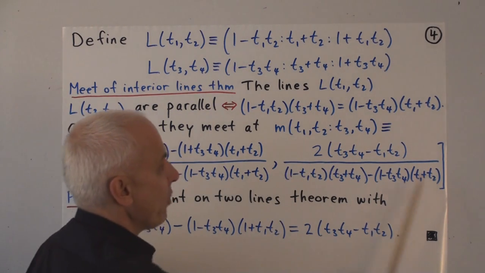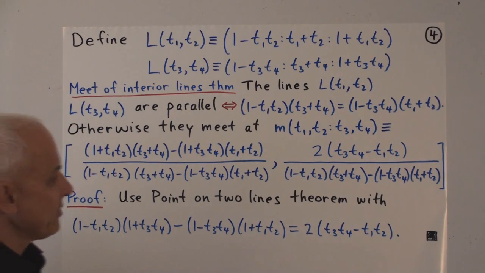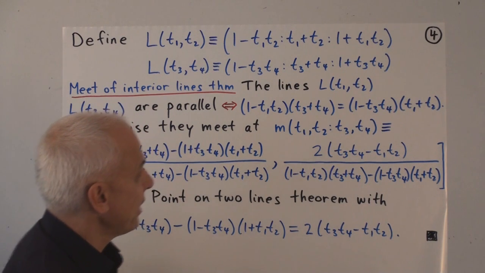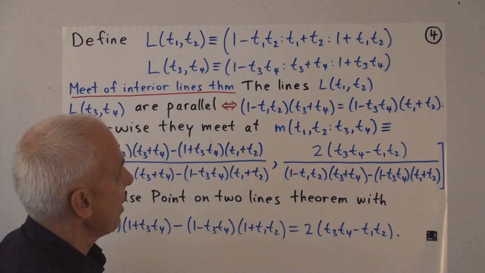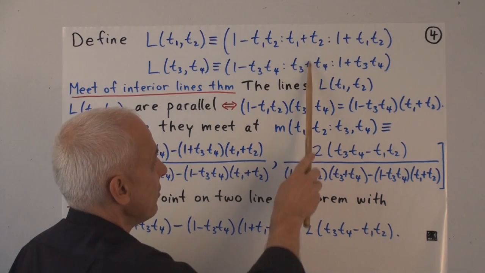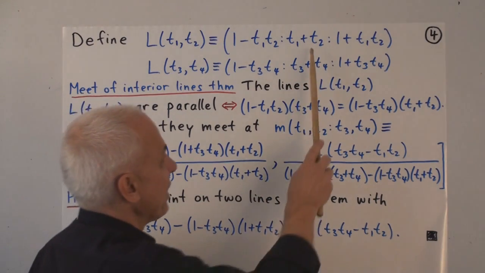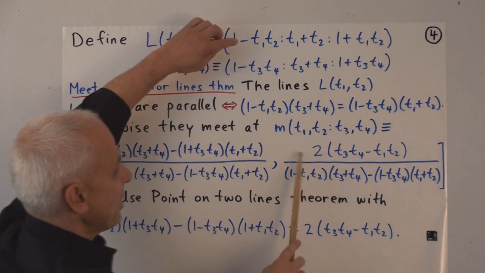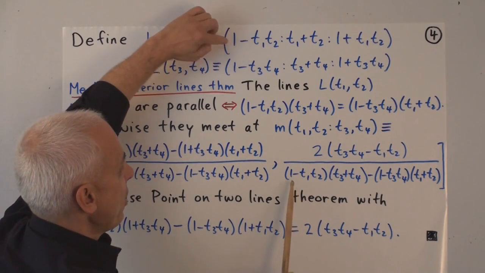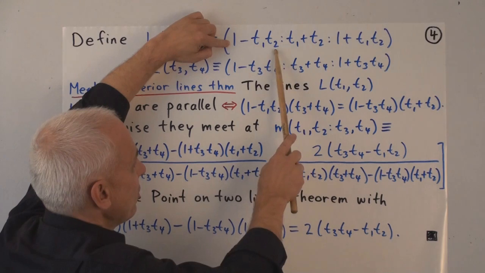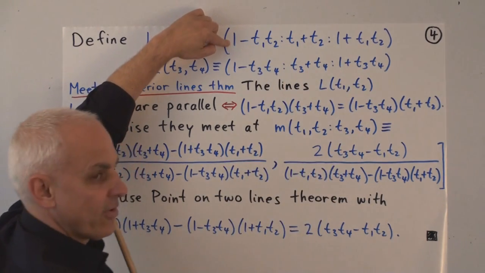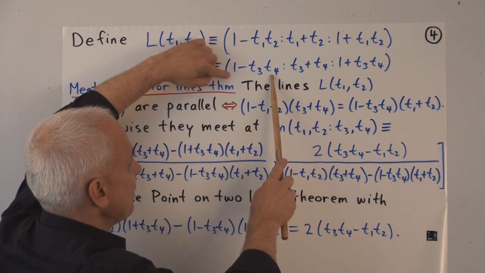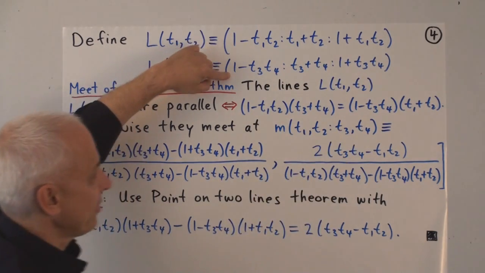And what about the y component? Well, it's also the same. It's really the same as the denominator, except that instead of using the middle terms, we replace the middle terms with the final terms. So the numerator here should be 1 minus t1, t2, not times this, but rather times this, minus this 1 minus t3, t4 times this.